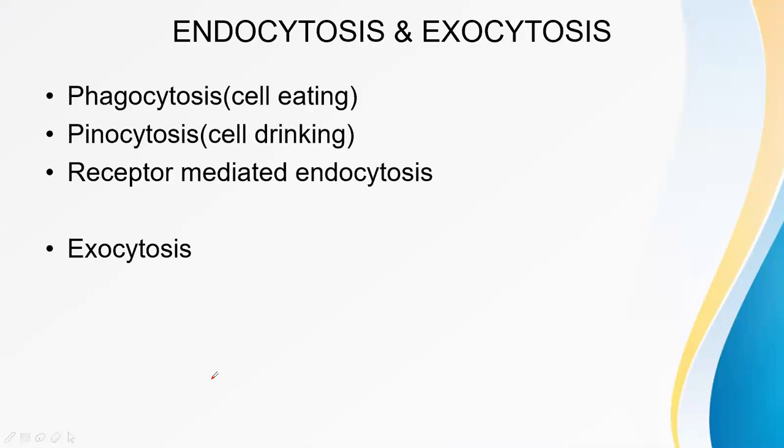In receptor mediated endocytosis, the cell membrane produces special vesicles, like buds, and these special vesicles bring the large particles inside the cell. These are the three types of endocytosis, and exocytosis is when the cells remove the large particles from the cytoplasm.